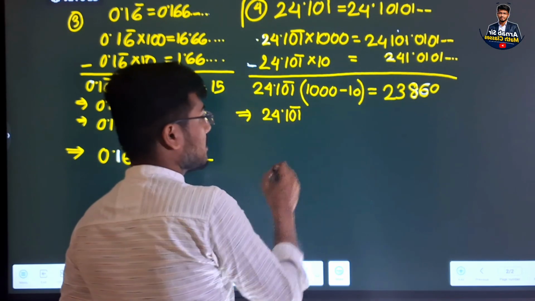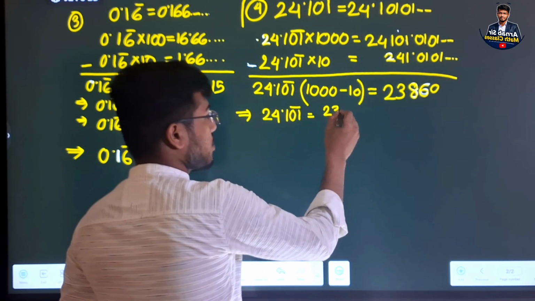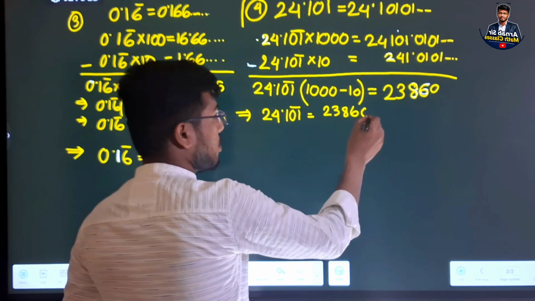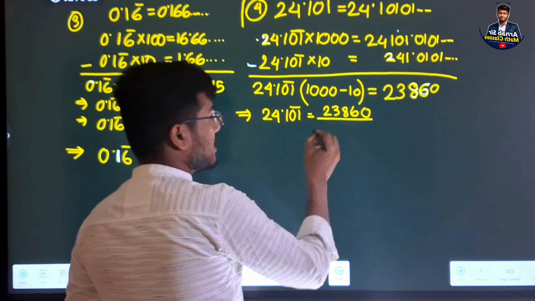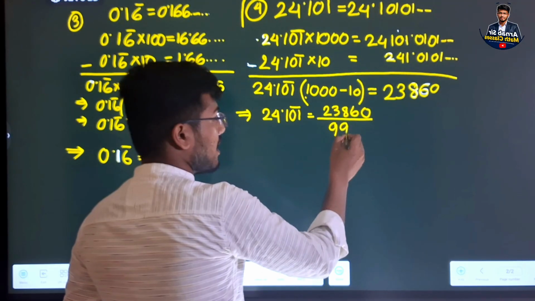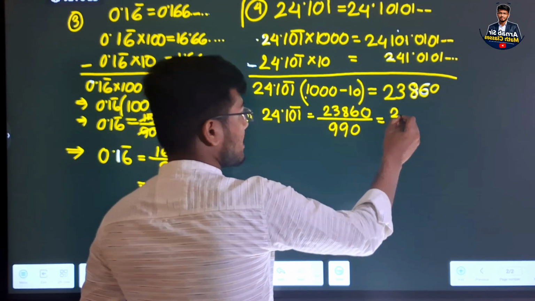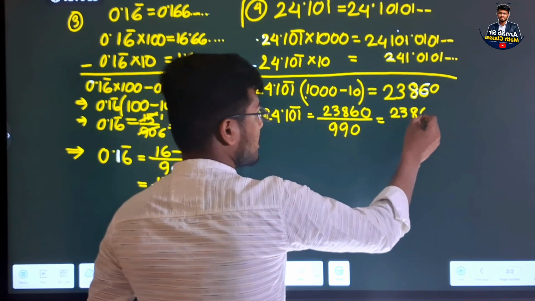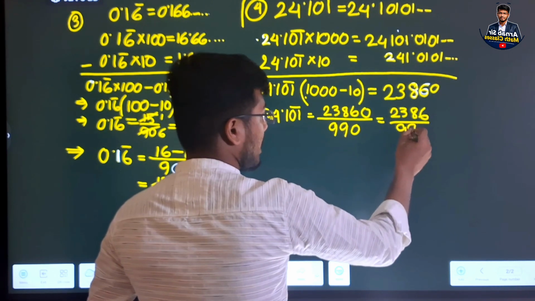Next, we have to find what is the value of 24.101 recurring. That means its value is 23860 divided by how much? Divided by 1000 minus 10, that means 990. So the answer is 2386 divided by 99.